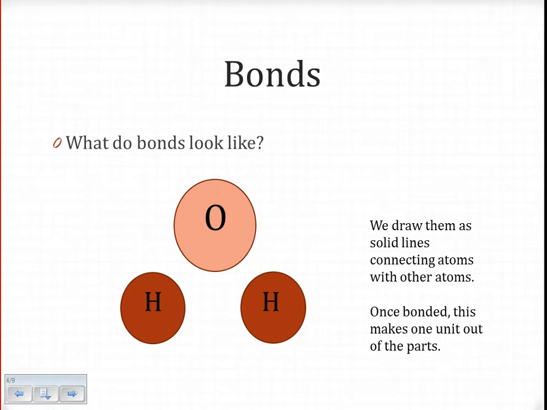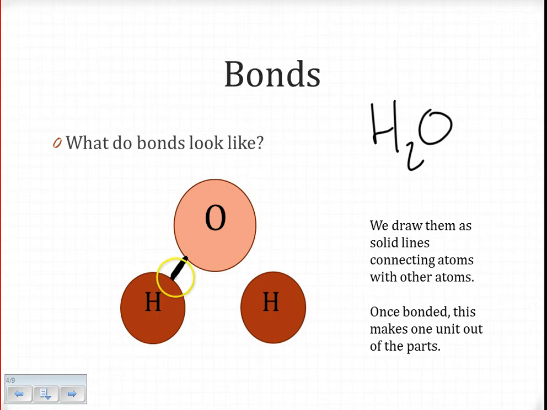Well, in order to really understand this, let's try to draw the picture a little bit better. This is going to be a water molecule, and most of you know that water is H2O. The H is connected to the O because the electrons overlap, and we'll get into that later.